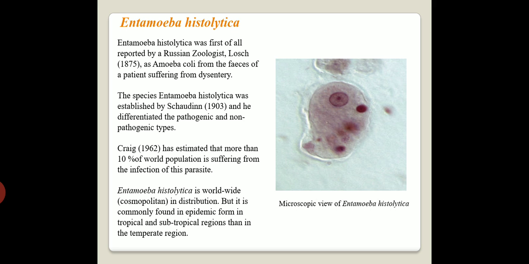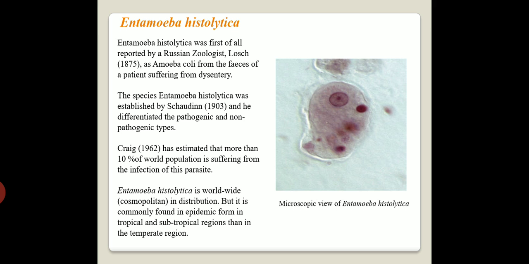Coming to the introduction, Entamoeba histolytica was first reported by a Russian zoologist, Losch, in 1875 as amoeba coli from the feces of a patient suffering from dysentery.